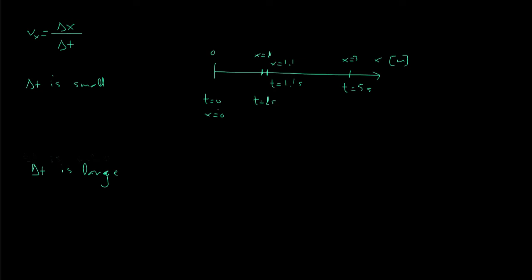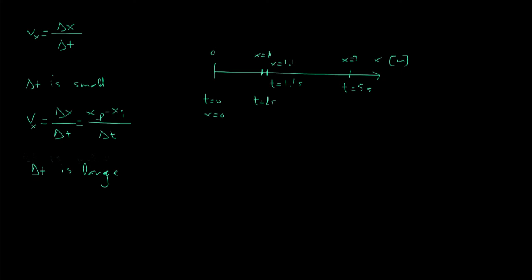So I could calculate the instantaneous velocity right there, delta x divided by delta t, and to find delta x, I have x final, the final position in that time interval, minus x initial, divided by the change in time. In this case, I have a final of 1.1 meters.